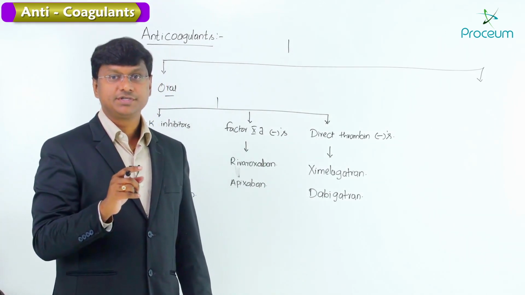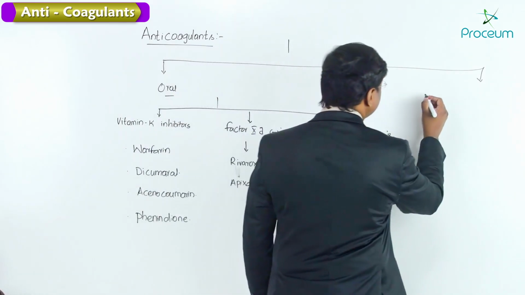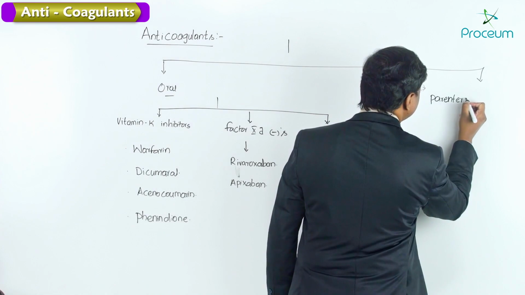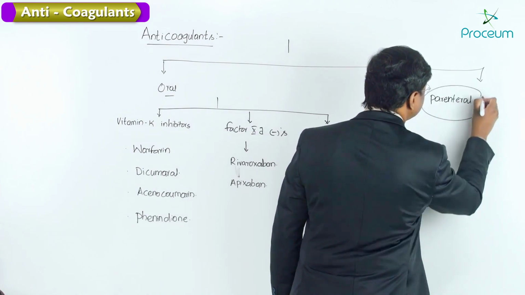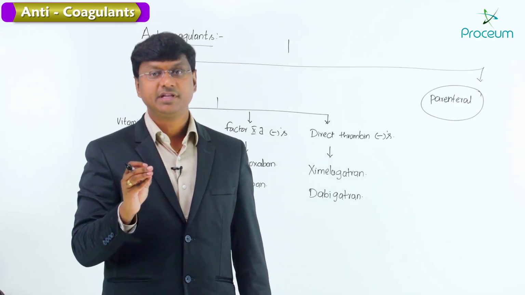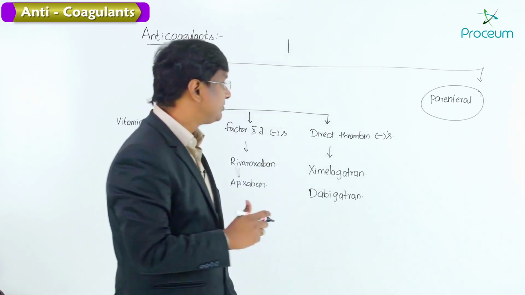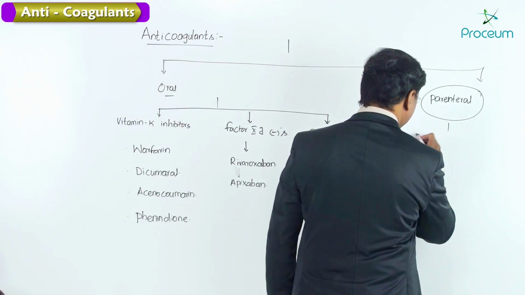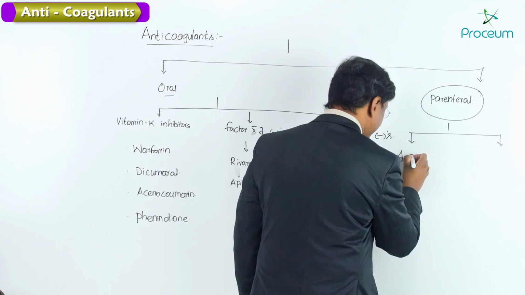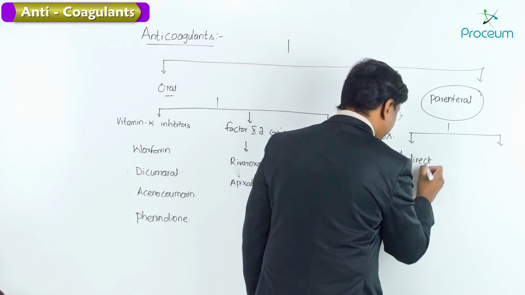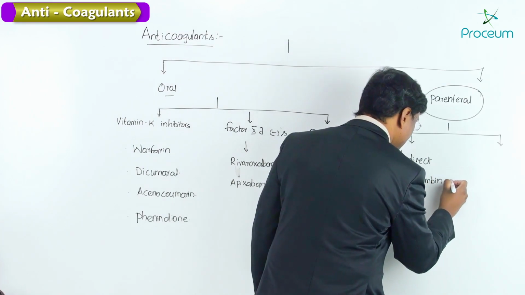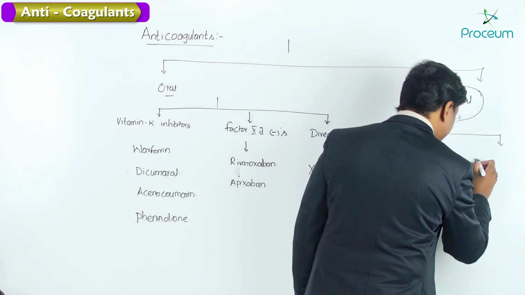Apart from the oral formulations, next we have the parenteral formulations. In the classification of the parenteral anticoagulants, that includes indirect thrombin inhibitors as well as direct thrombin inhibitors.